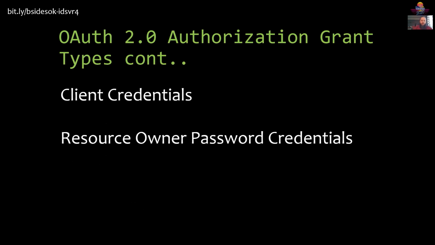Next, we have resource owner password credentials. This is the least secure. This is typically where you enter your username and password, and the client application, be it a web page or a console, then has access to see your username and password. This will be deprecated in OAuth 2.1.